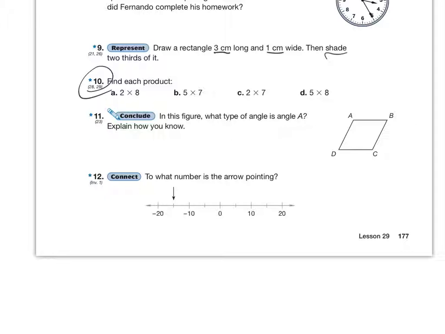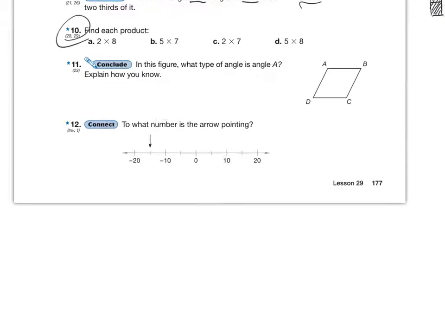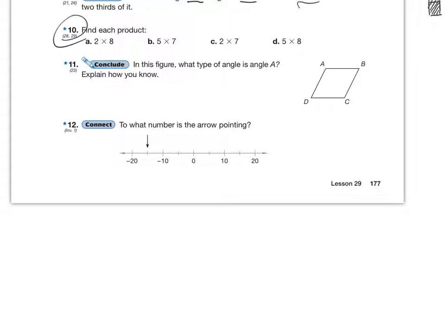Okay, number 11. In this figure, what type of angle is angle A? Explain how you know. Remember in 23, we have 2 types of angle. We have an acute and an obtuse. An obtuse is like this, and acute is like this.